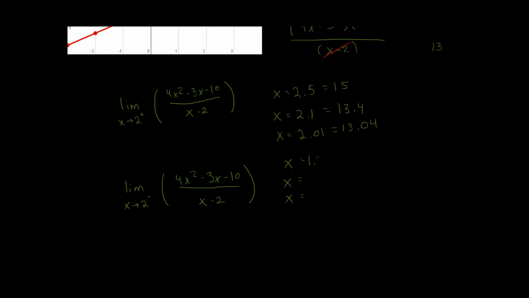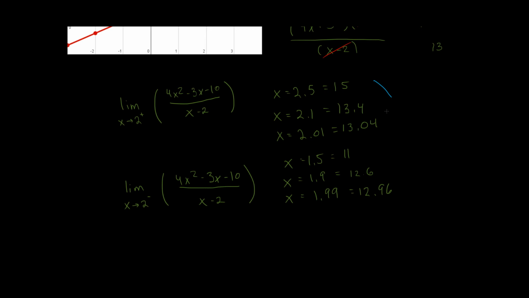So I'm going to try 1.5, I'm going to try 1.9, and then 1.99. Now again, I worked this out previously, so I'll just write what the answers are. When we plug 1.5 in, we get 11. When we plug 1.9 in, we get 12.6. And when we plug 1.99 in, we get 12.96.